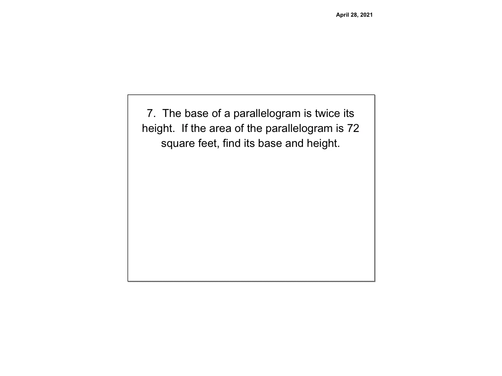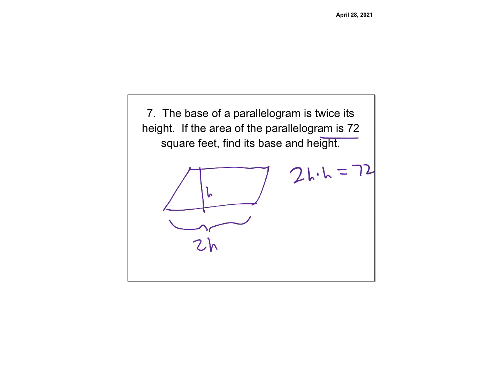Okay, so now a quick, tricky word problem here. The base of a parallelogram is twice the height. So if that's my height, the base will be 2h. The area is 72. So you take base times height equals area. So this becomes 2h squared equals 72.